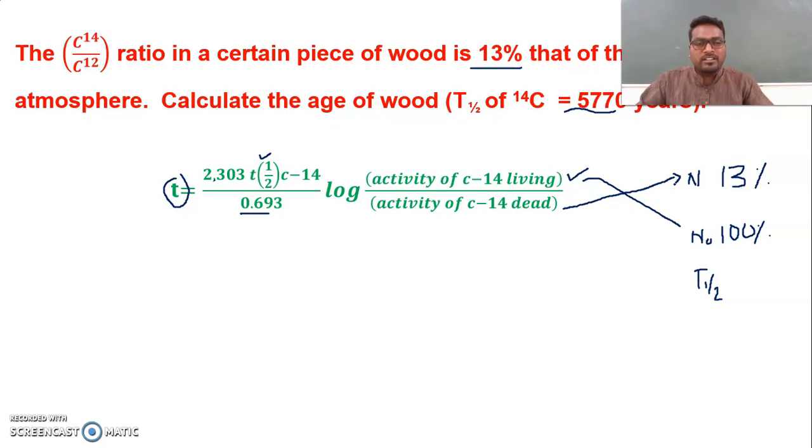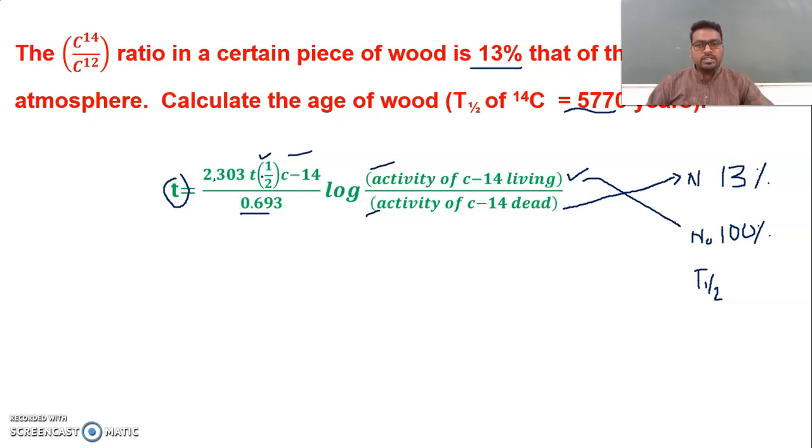We understood the mechanism while discussing the applications of radioisotopes. So we can solve this problem in two ways. One is to directly substitute all the values. We know the activity of C14 while living and dead and the half-life period. If you substitute the values, directly we'll get the answer.